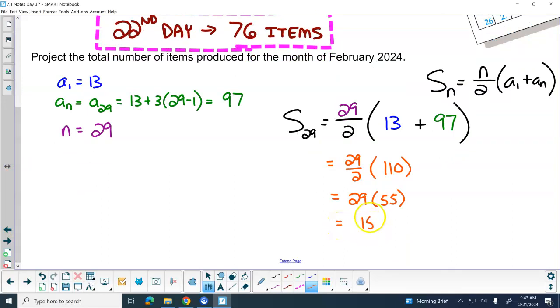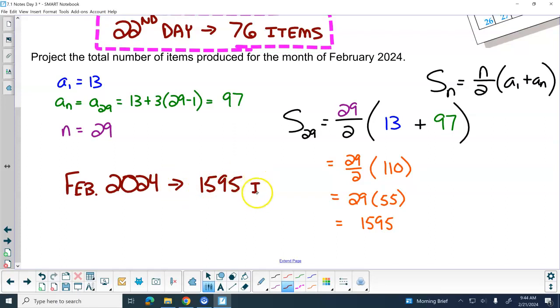I get 1,595. So in February of 2024, this factory produced 1,595 items.